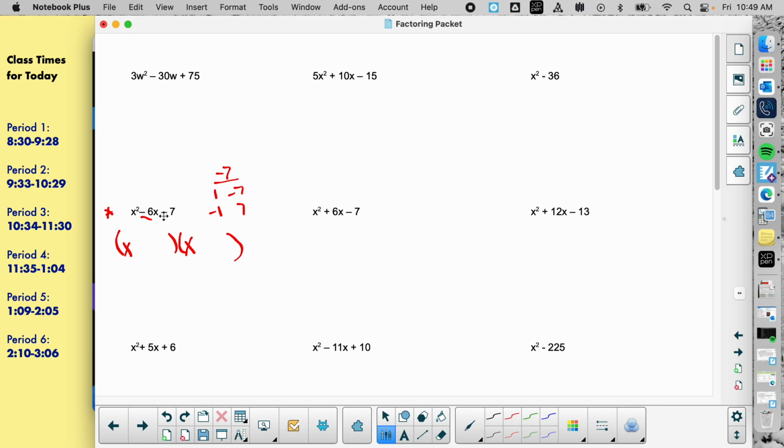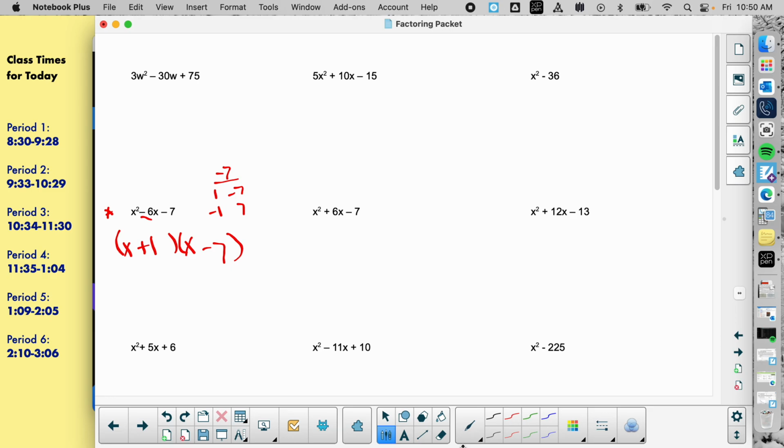So if we have +1 and -7, that adds up to -6. Perfect. It doesn't matter which one you write first or second, but you can just directly write the answer right away. And that only works because there's no number in the front.